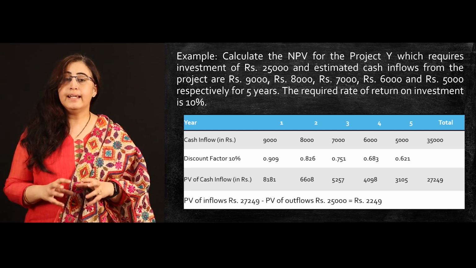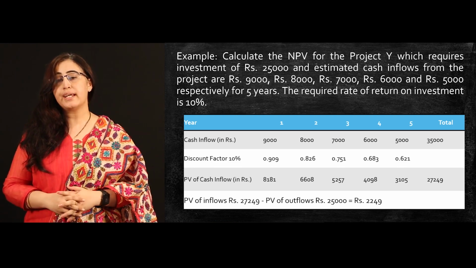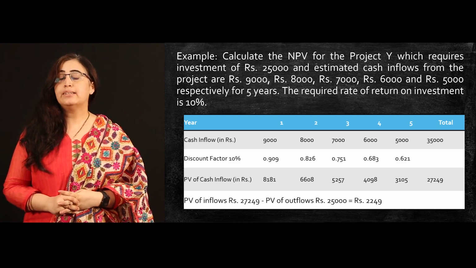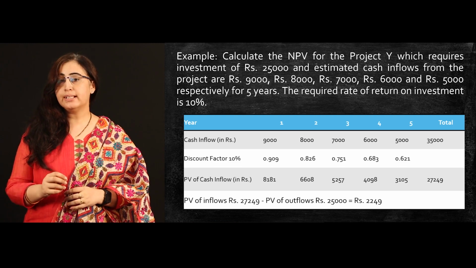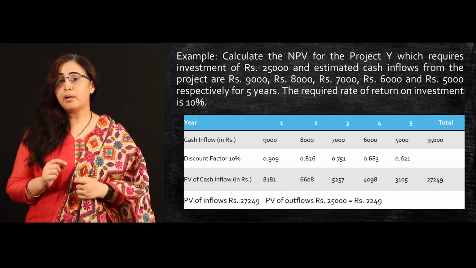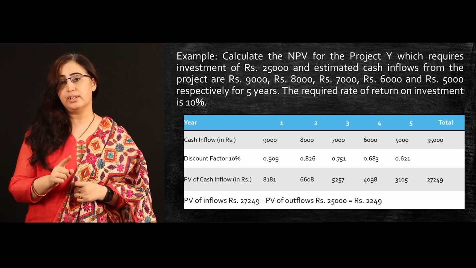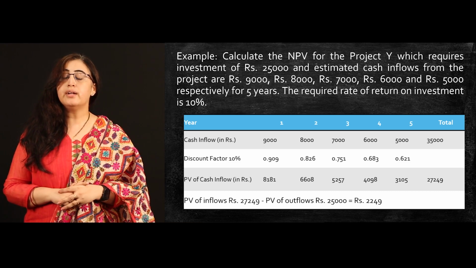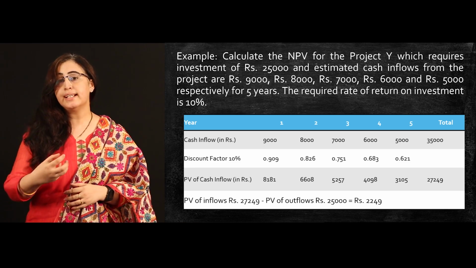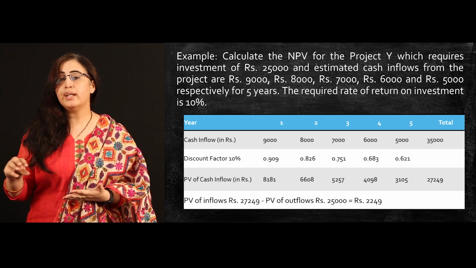And the total inflow which I get here is 27,249 rupees. I mentioned above, mark my words here, that your total cash inflow was 35,000. But when I discounted it at 10% over the next 5 years, it is going to be 27,249 rupees.